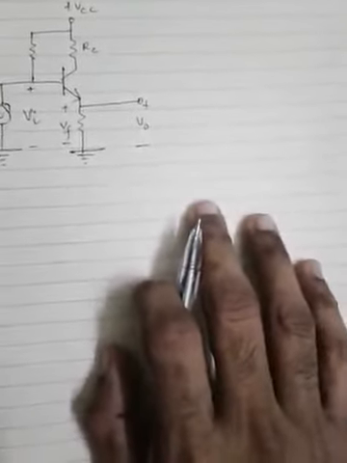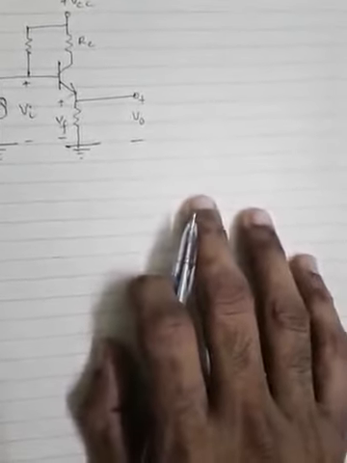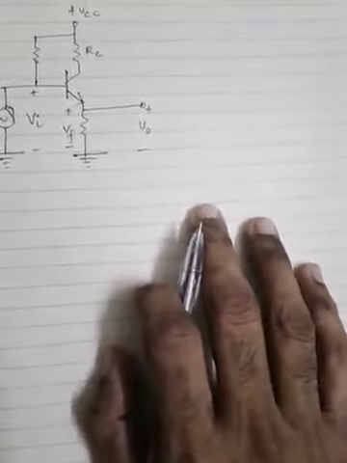Now this amplifier provides the operation with feedback. The operation of the circuit without feedback provides Vf equal to 0 when there is no feedback.